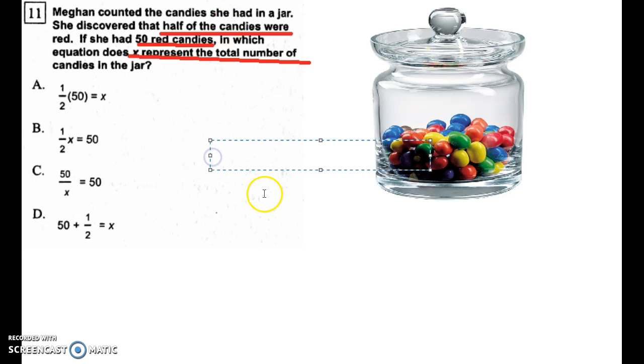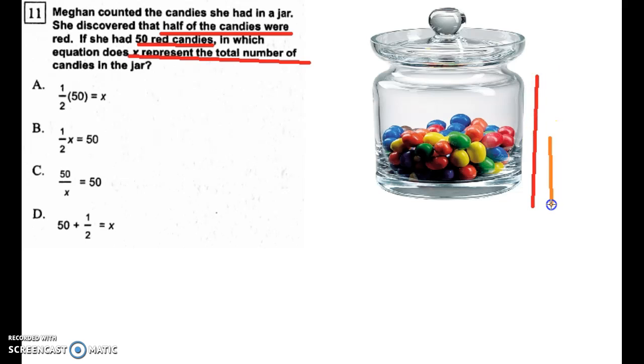So it's going to be 1/2, right? It's not 1/2 of 50 that equals red. It's going to be 1/2 of all of the candies, and that equals 50. So picture this as total candies, and then 50 of them are red, which is only like right here, which is half the candies, right?